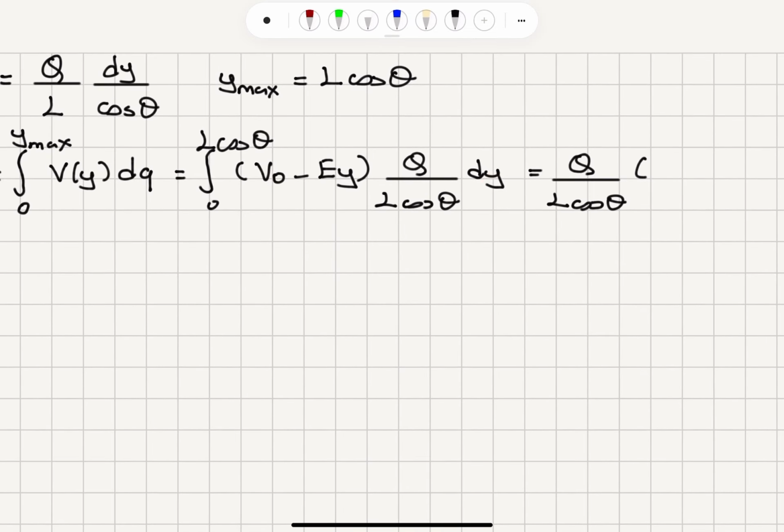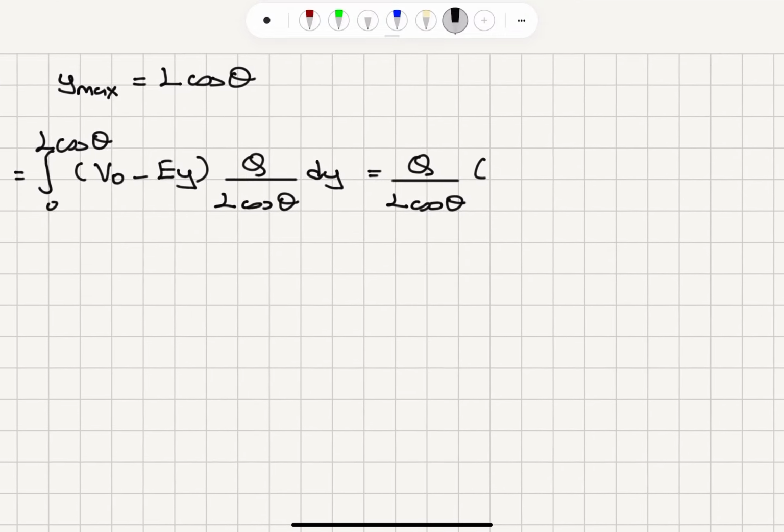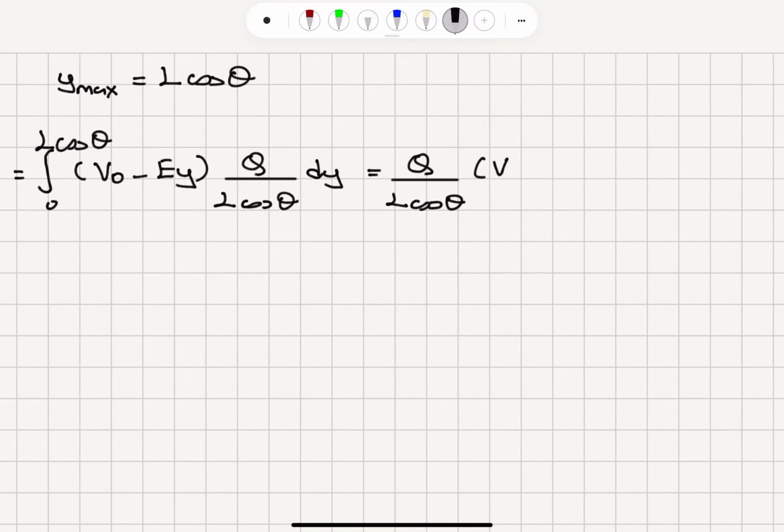V0 times dy gives me V0 times y, and the integral of minus Ey dy gives me minus E y squared over 2. This will be evaluated between y equals 0 and capital L cosine theta.